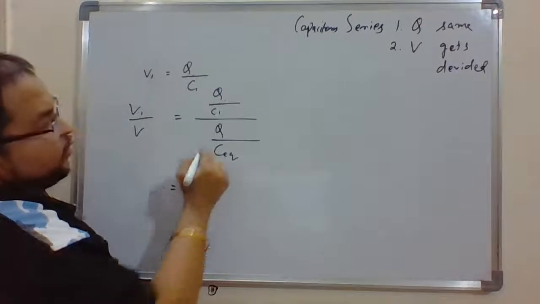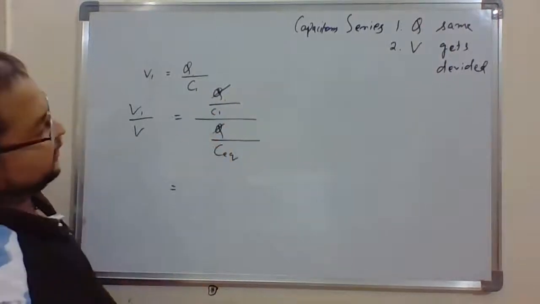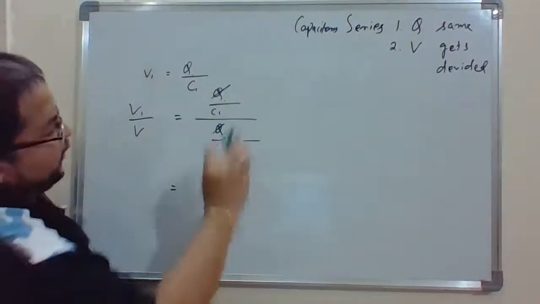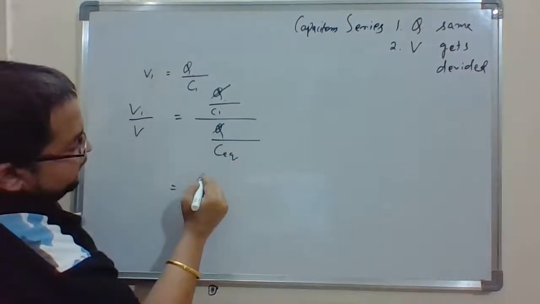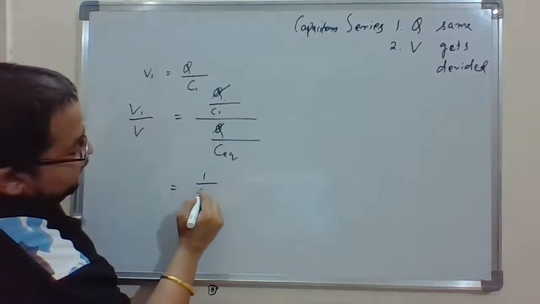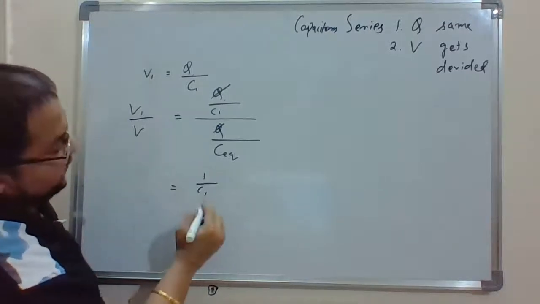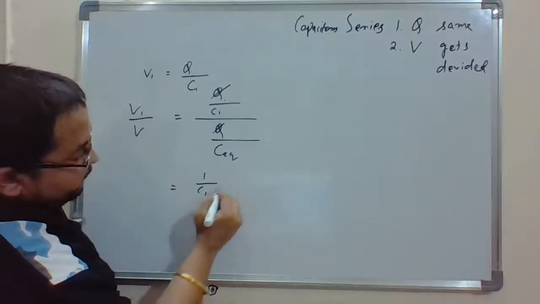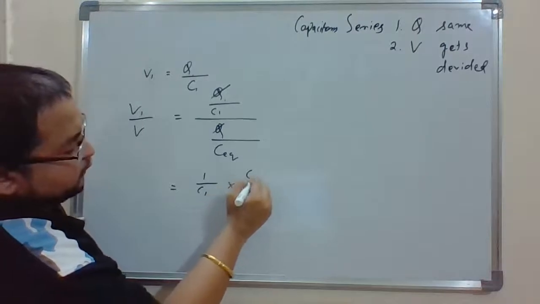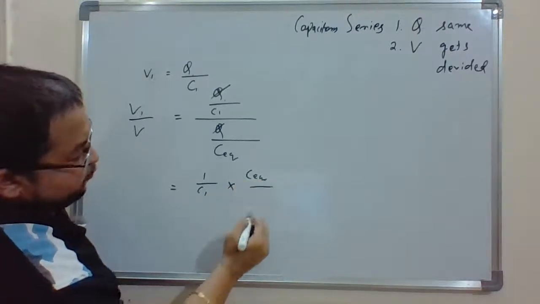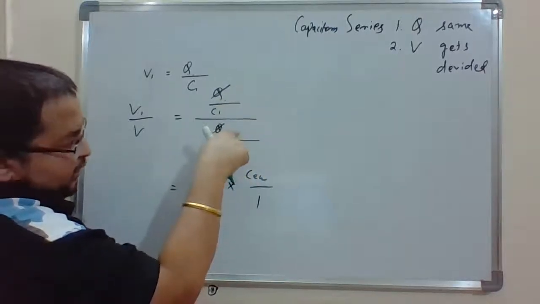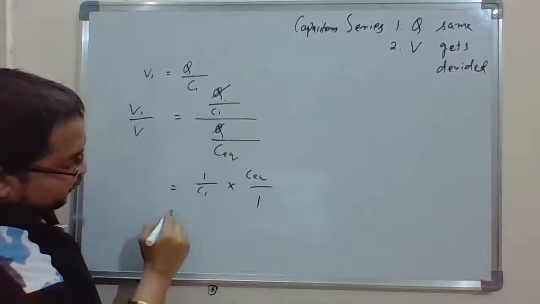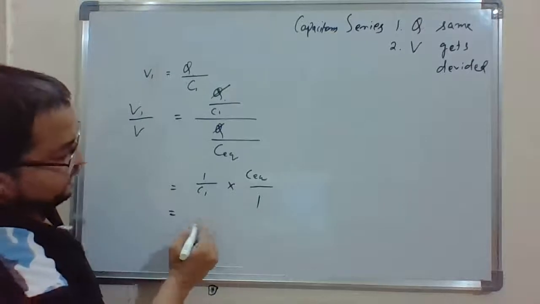Obviously Q gets cancelled out, so we get 1 by C1 into C equivalent by 1, because this goes to the numerator and this comes to the denominator.